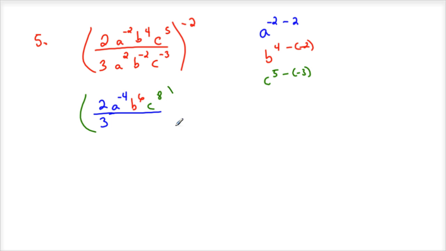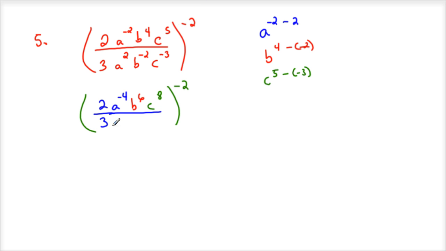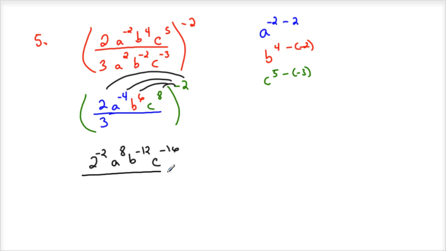And it is all going to the negative 2 power. So here we have given the negative 2 to everybody, so this is 2 to the negative 2 power, a to the 8th power, this is negative 4 times negative 2, which is positive 8, b to the negative 12th power, and c to the negative 16th power, over, and then we have negative 2, and we have 3 to the negative 2nd power.